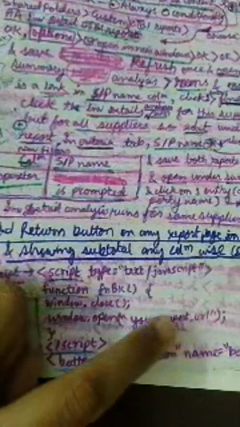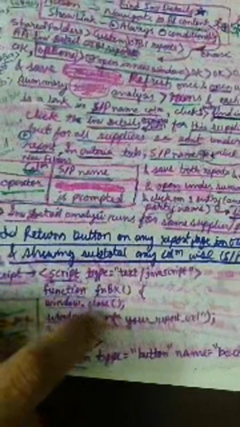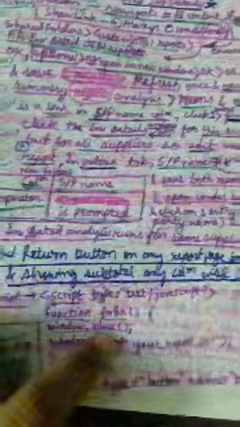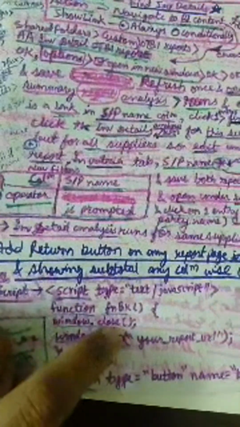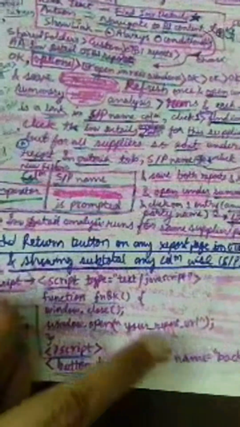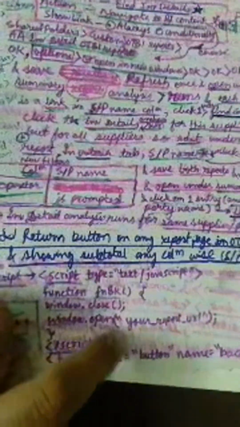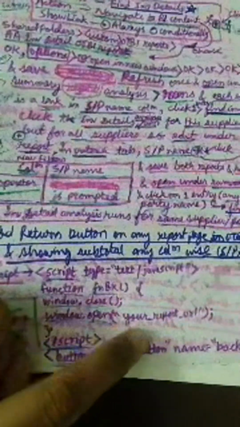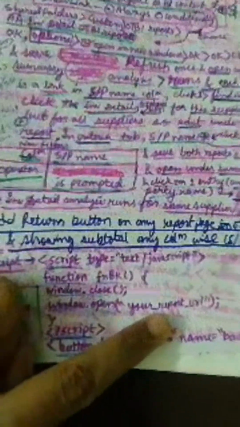Because I want to go back from the detail report to the summary report, right? So window.open will close the invoice details, where we'll give the return button, and open the summary one. In window.open, in the double quotes you give the URL of the summary report.